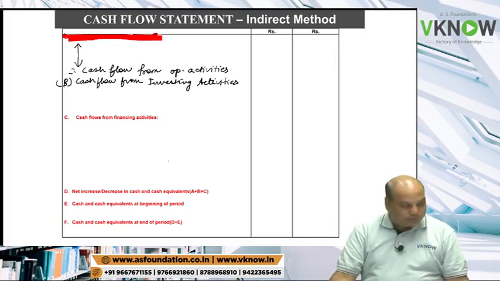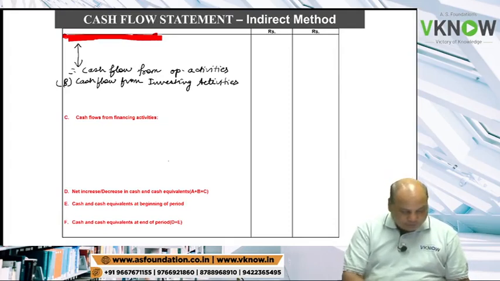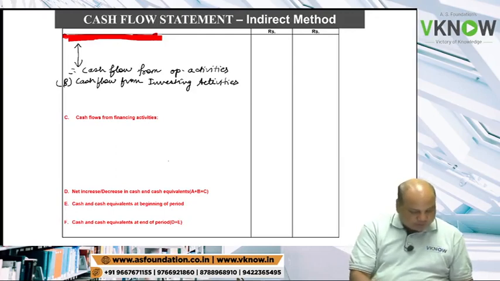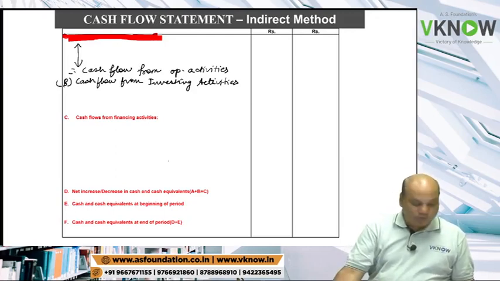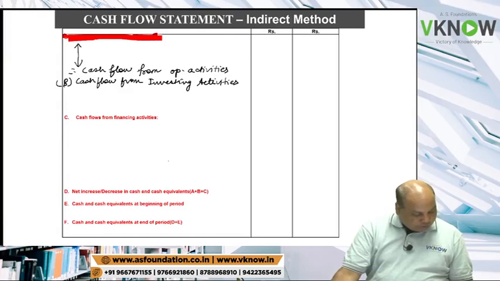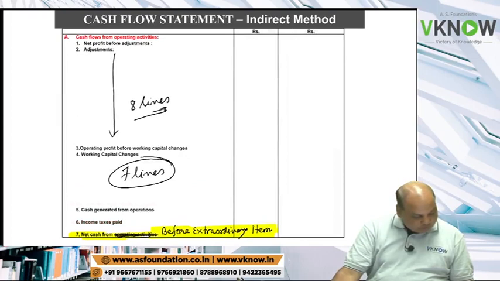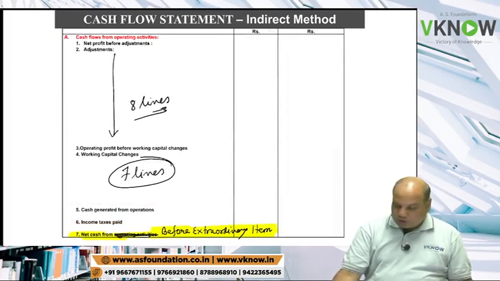Question says the following figures have been extracted from the books of AS Foundation Limited for the year ended 31st March 14. You are required to prepare a cash flow statement. A. Net profit before taking into account income tax and income from lawsuits, but after taking into account the following items, was 20 lakh.